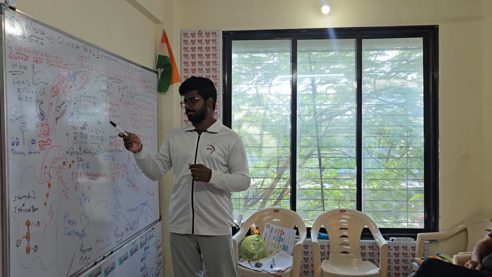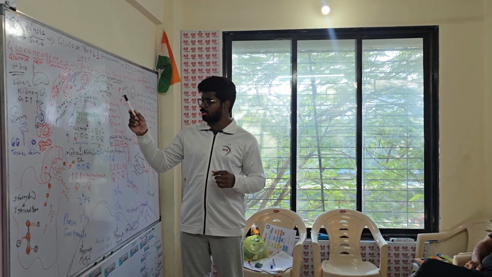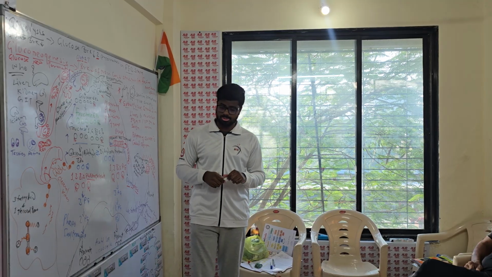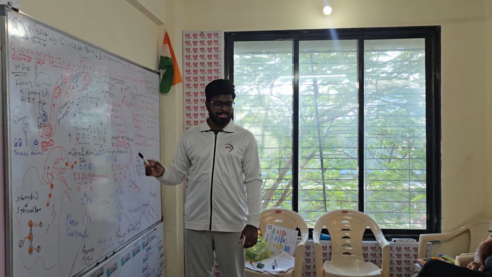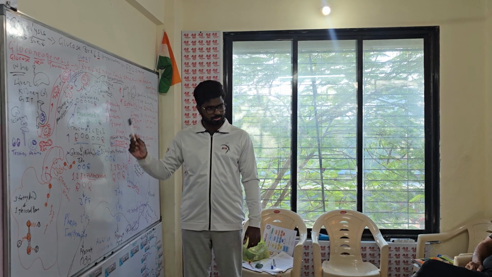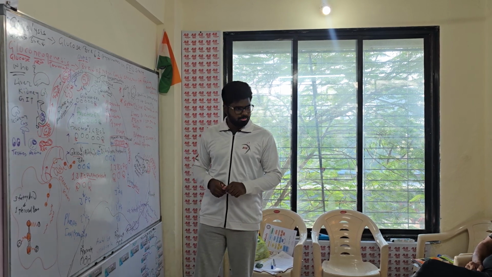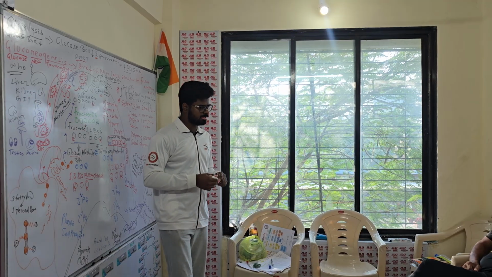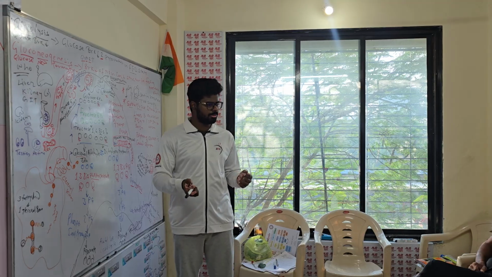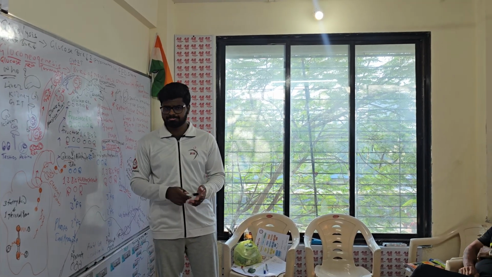After adding the phosphate to the glucose, the liver decides to convert this glucose into fructose. Same structure, just the name is changed over here. This fructose is generally called fruit sugar.